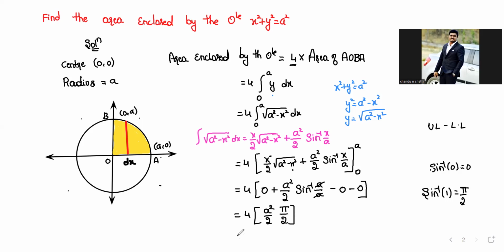So here 4 into a square pi should keep it. 2 into 2 is 4, so here 4 gets cancelled. Remaining is pi a square. We got it, square units. My dear students, this is the answer for this question.